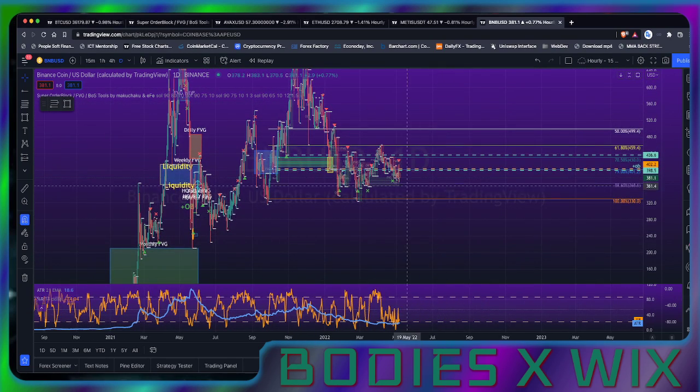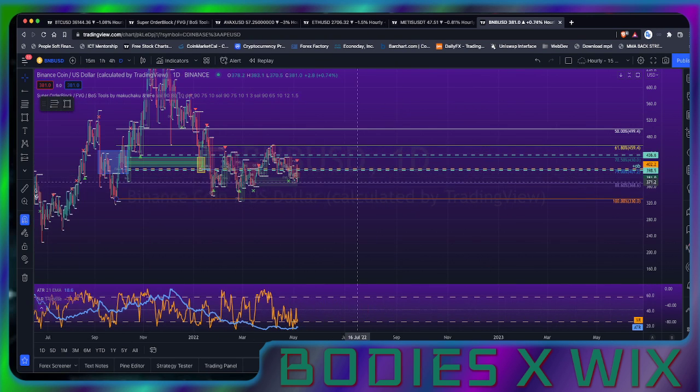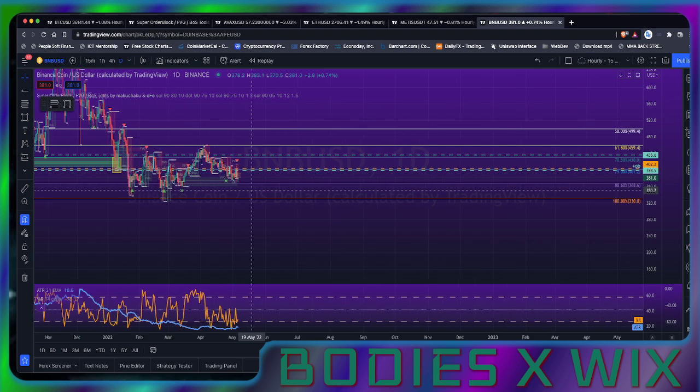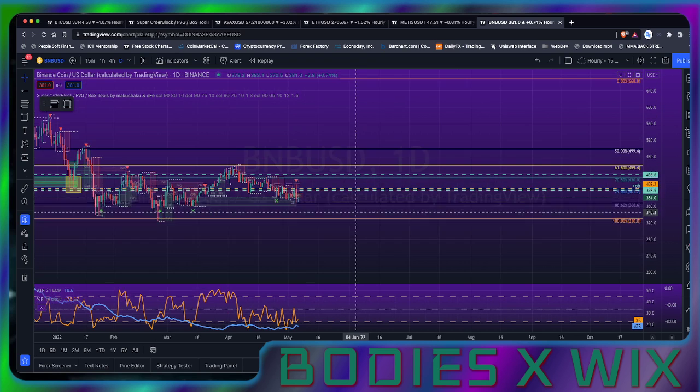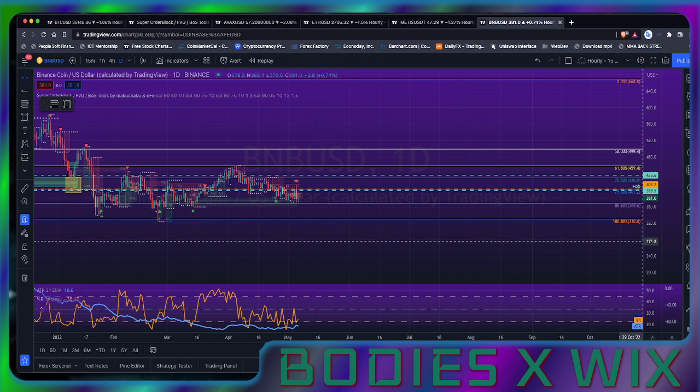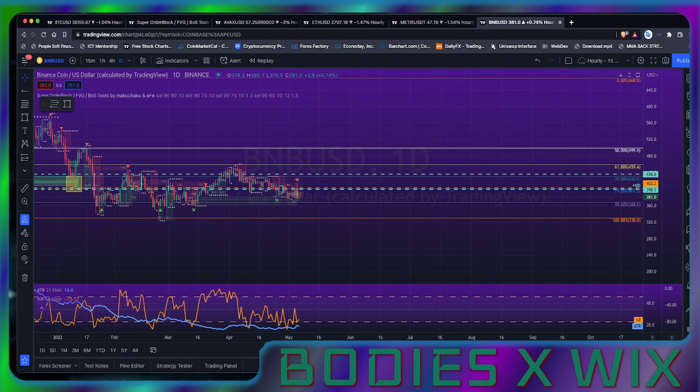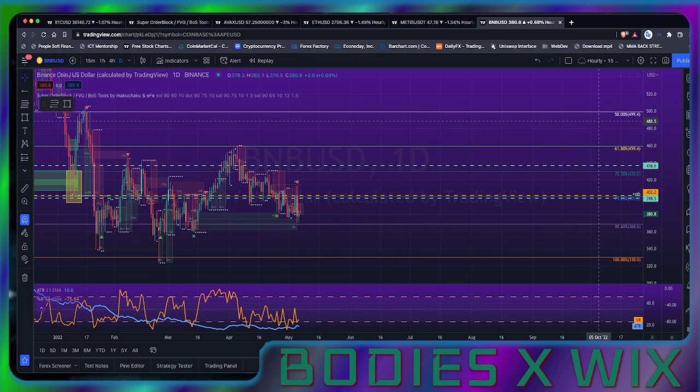Looks like it broke structure early last month, but it had been going kind of up and down recently. And it looks like now it may be trying to turn around due to this bullish order block right here. So that would be this guy right there.